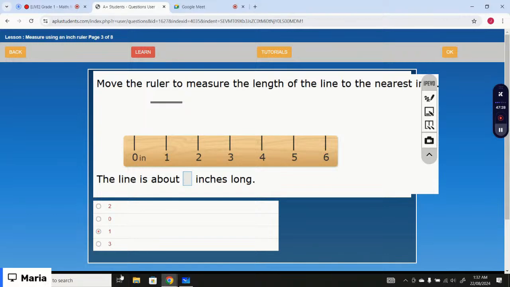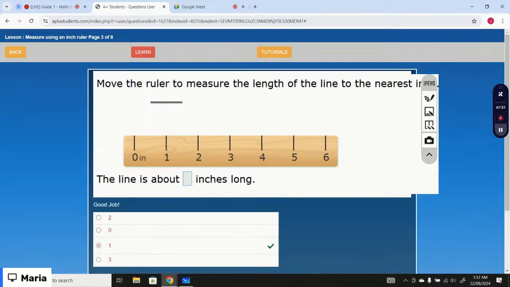The correct option is 1. Option number 3 is the correct option.